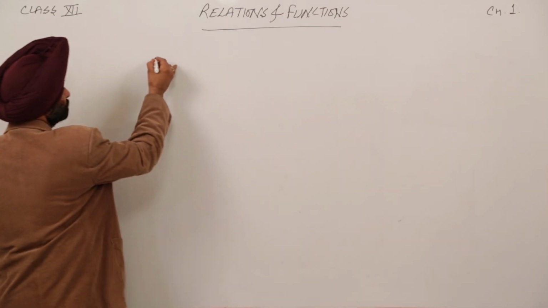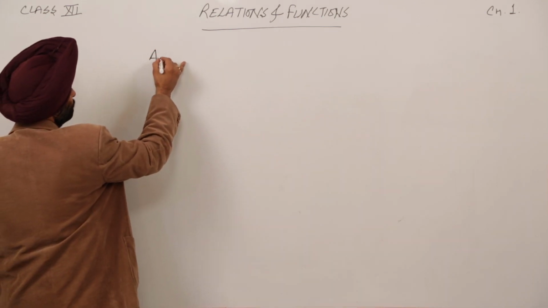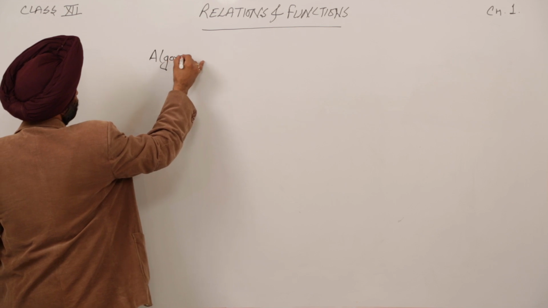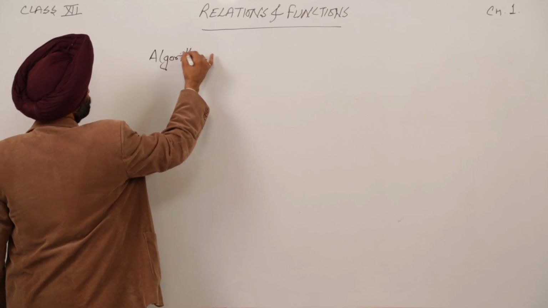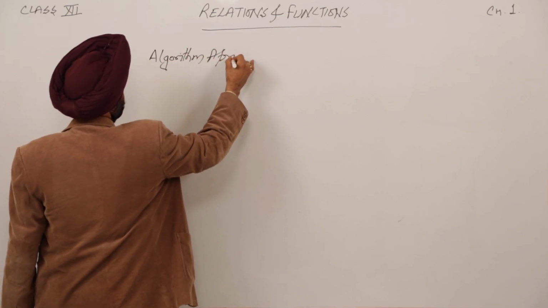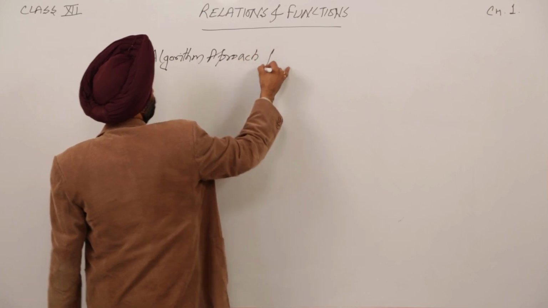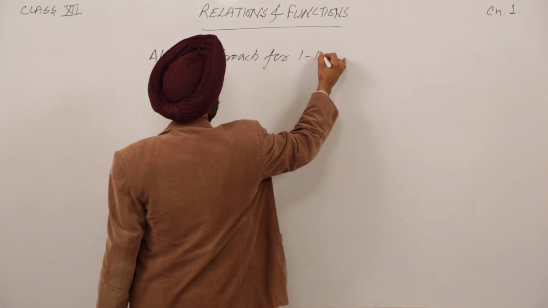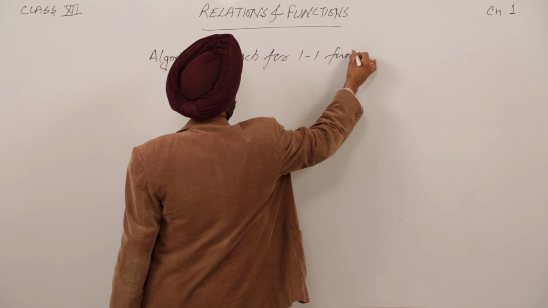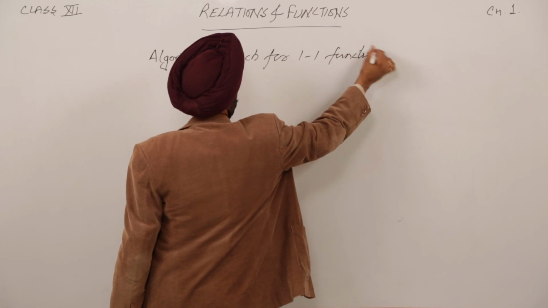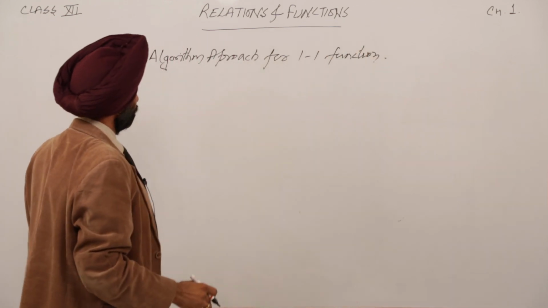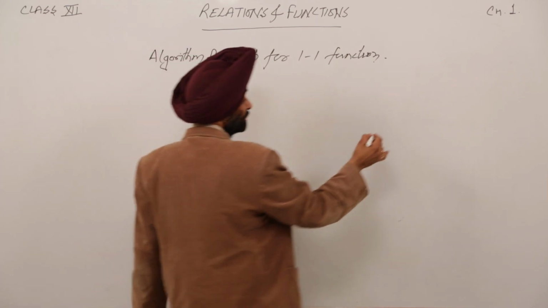Now here I am writing some steps. Algorithm approach for one-one function. Now for one-one function, what did we do yesterday?